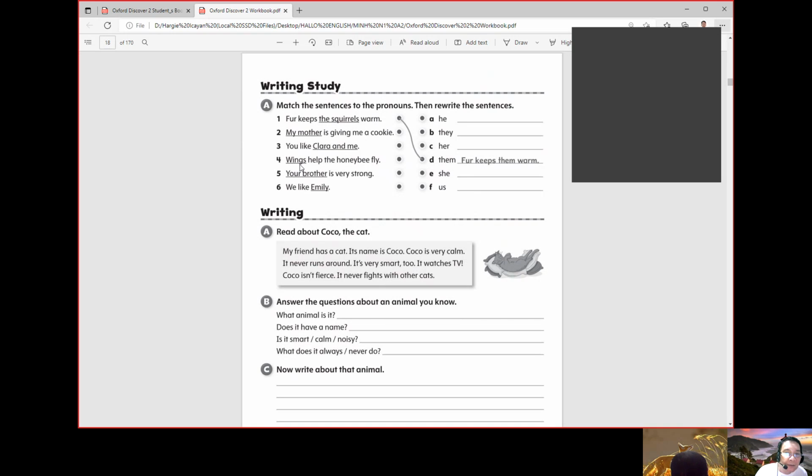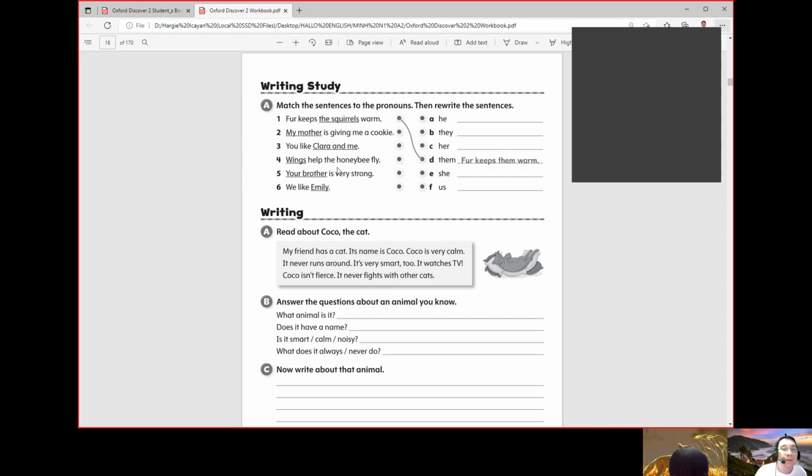Next. Wings help the honeybee fly. Okay. So the underlined word is wings. What are we going to replace the word wings with? They, letter B. Yes. So what would our sentence be now?